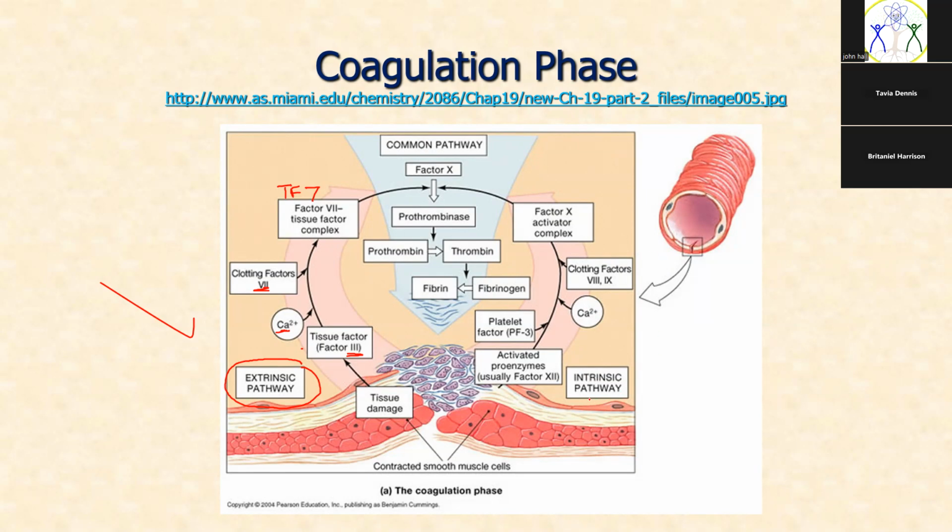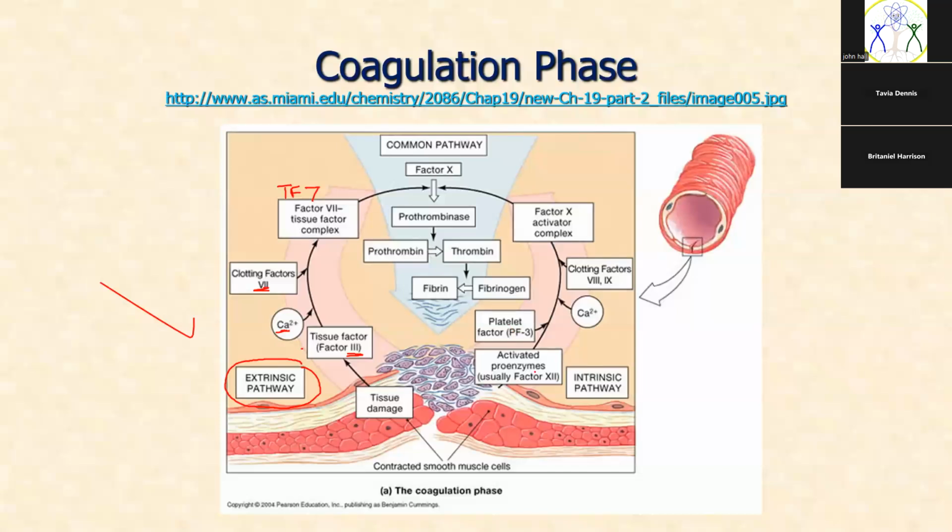Intrinsic pathway, now you notice here it mentions activated proenzymes like factor 12. So we have activated factor 12, and this one can also be activated by platelet factor.